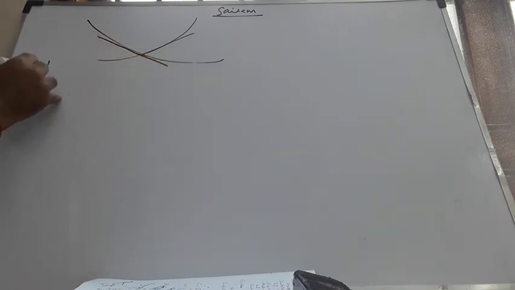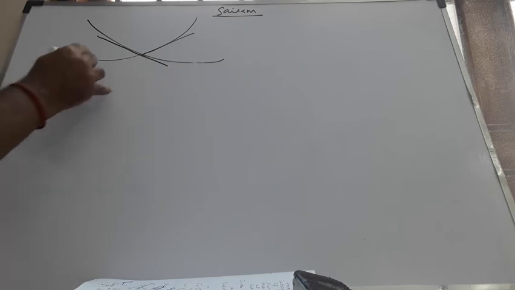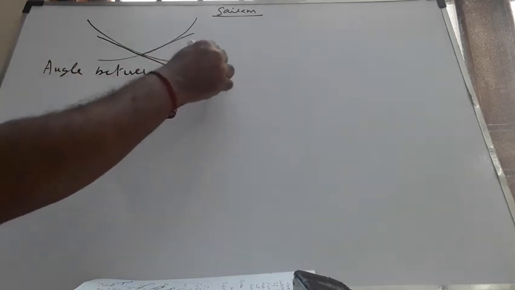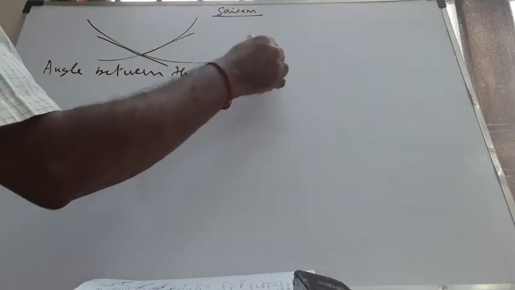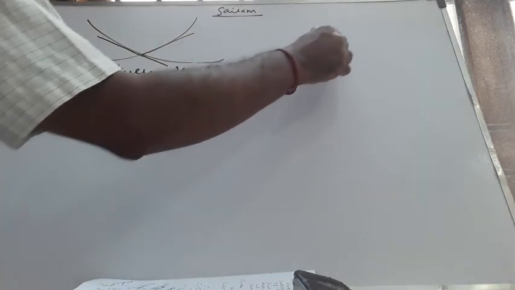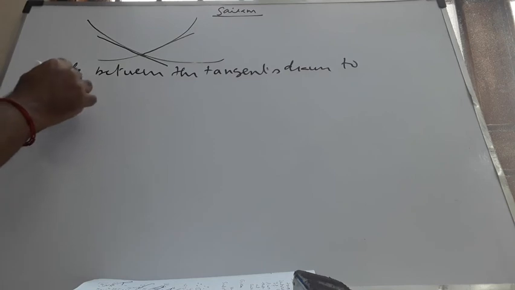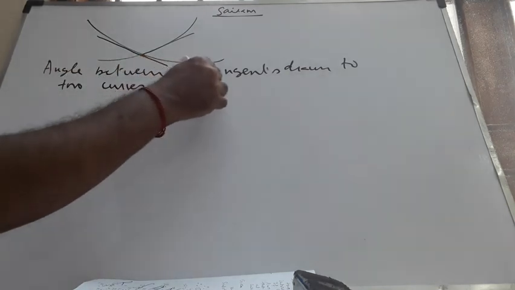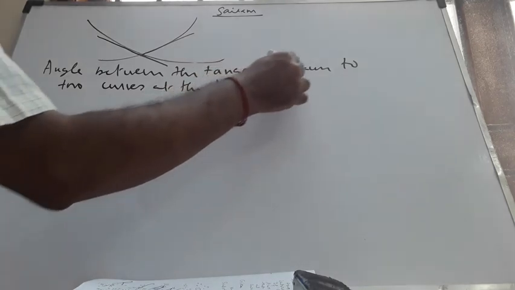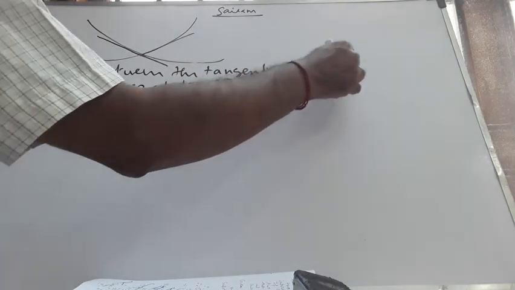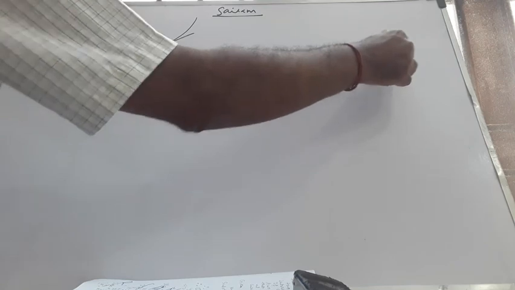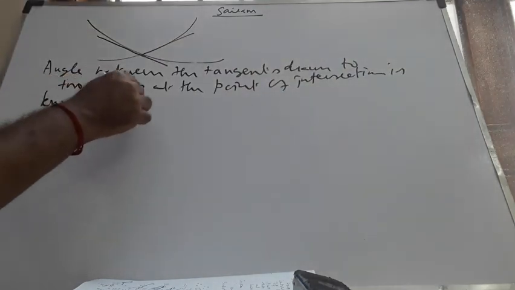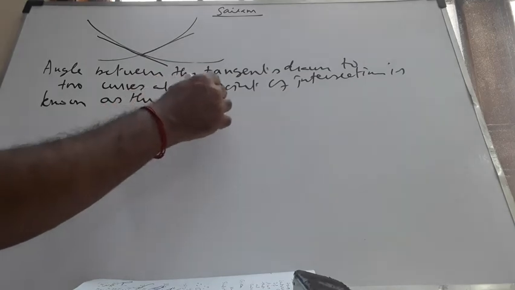Therefore, the angle between the tangents drawn to two curves at the point of intersection is known as the angle between the two curves.